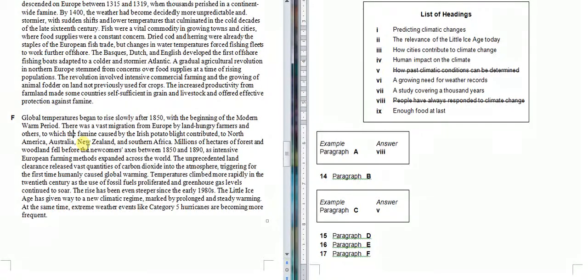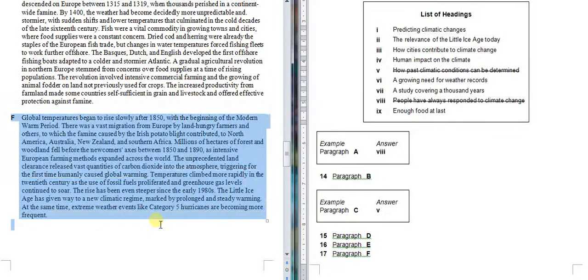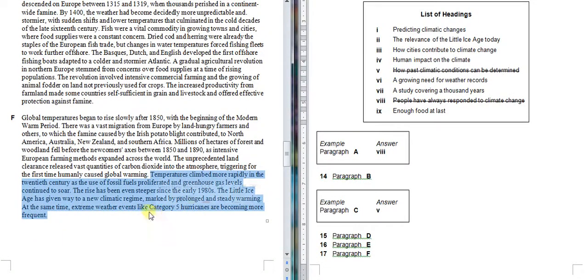All right, and if we look at F, let's see. After 1850, beginning of the modern warm period. Okay, this looks like stuff about the modern warm period until now. And it's all about temperatures rising, it looks like.